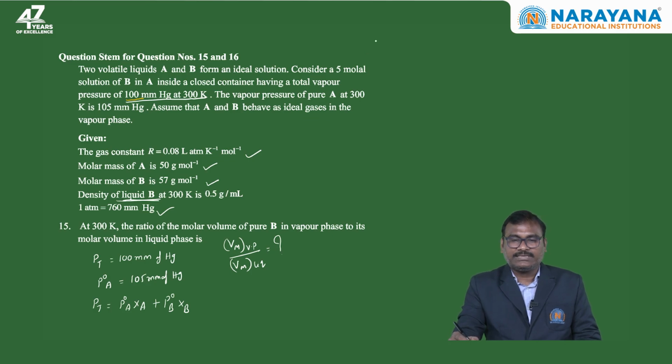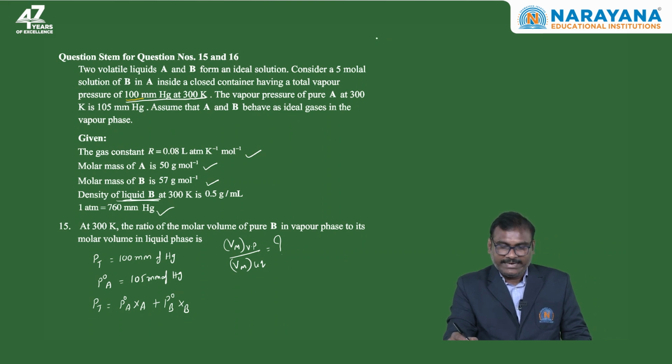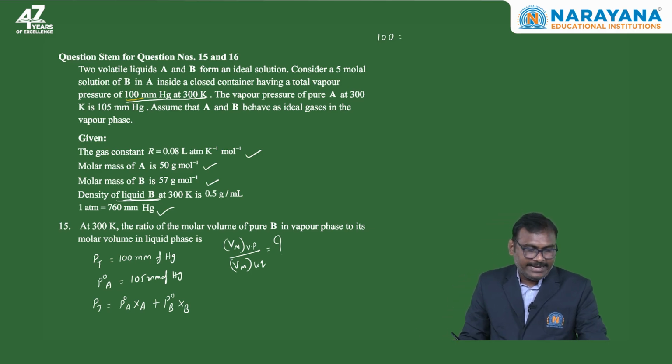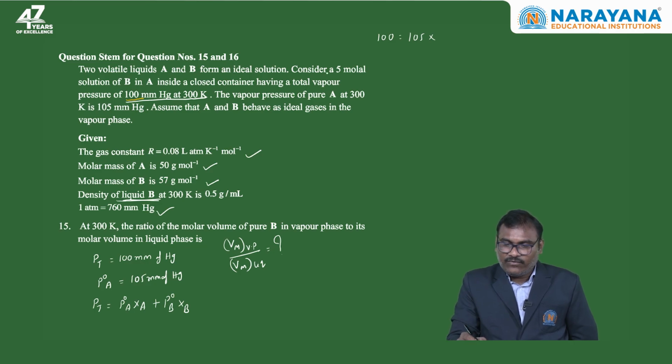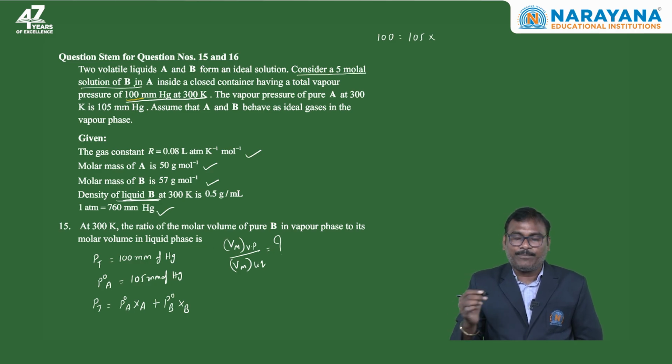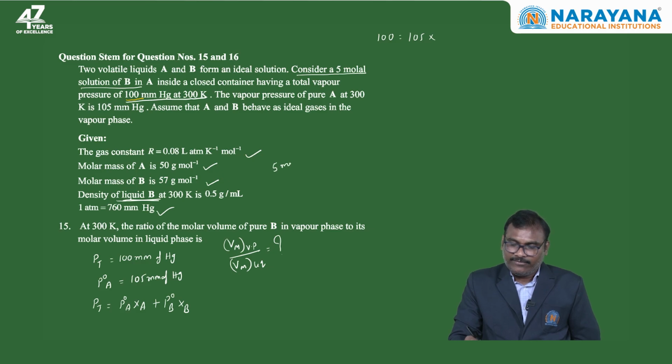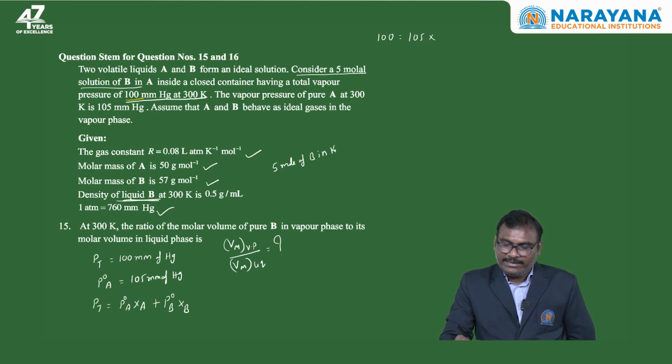Now let us go for the substitution. Say yes or no. P total was given as 100. P naught A was given as 105, and it is a 5 molar solution of B, that is 5 moles of B in 1 kg solvent.